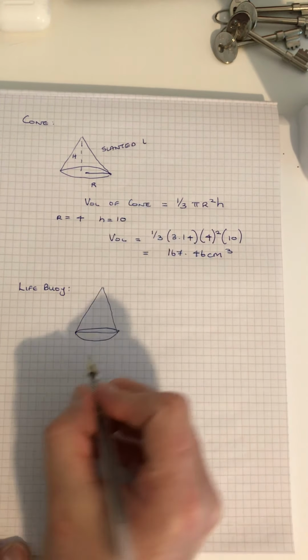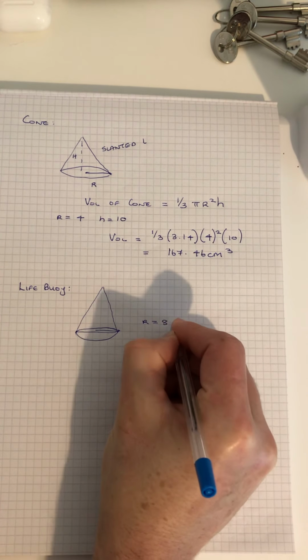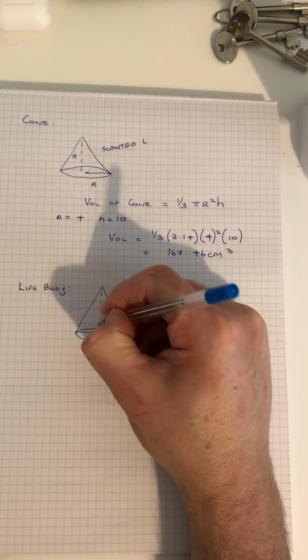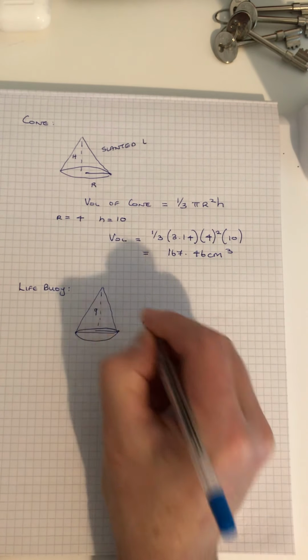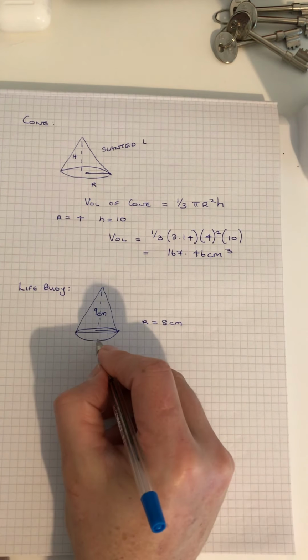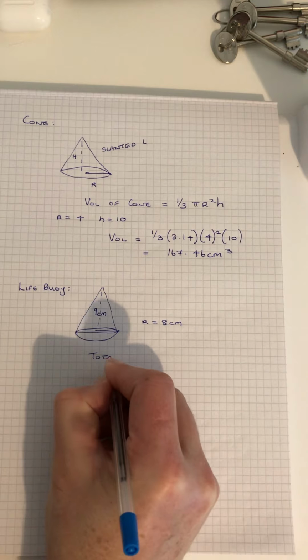Do you see? So the radius might be 8 centimeters. The height could be 9 centimeters. And then we're asked to find the total volume.